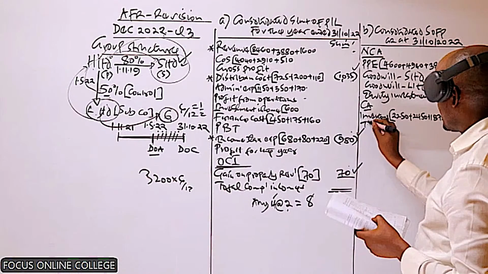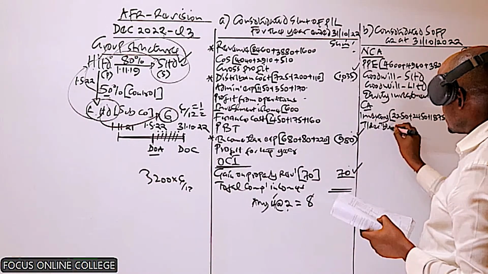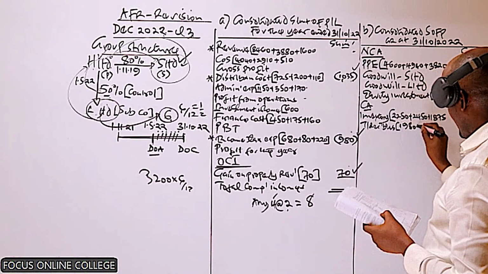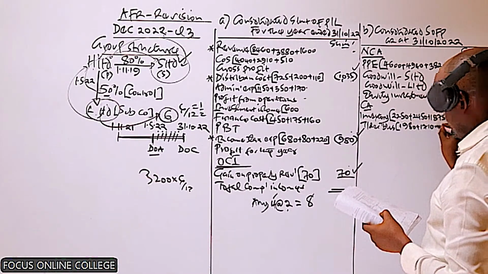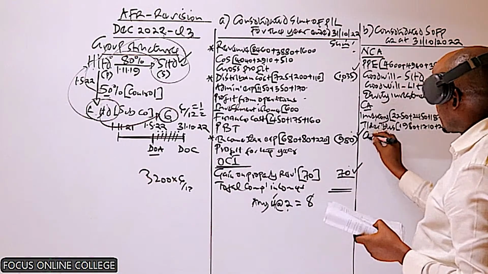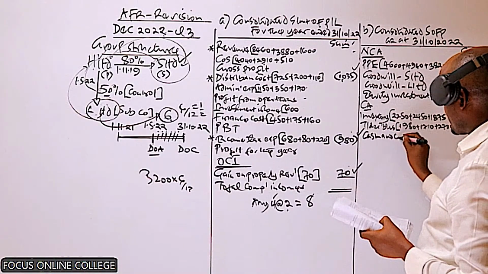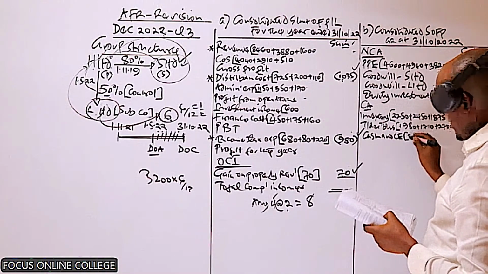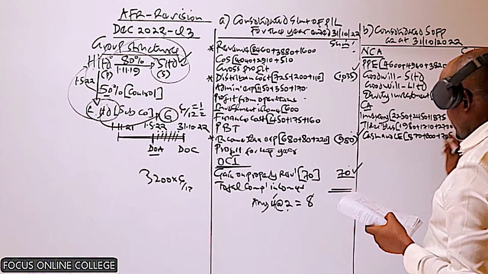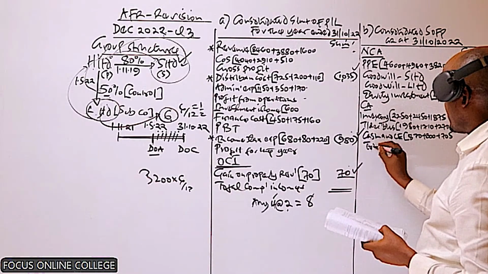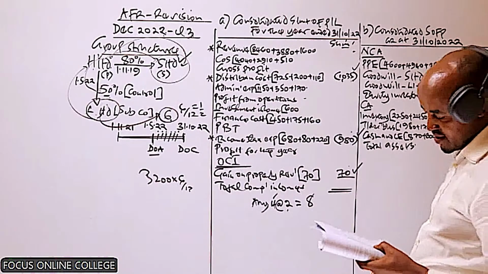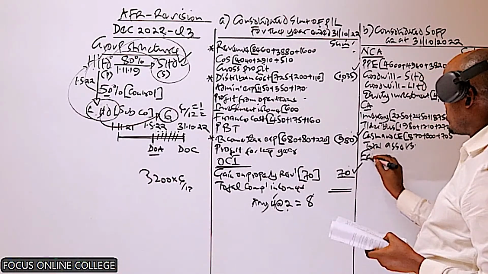Below that, we have the trade receivables: 1980 plus 1710 plus 27. And then below that, we have the cash and cash equivalents, which is 870 plus 600 plus 705. Then from there, we will get the total assets. From there, we proceed and record equity.